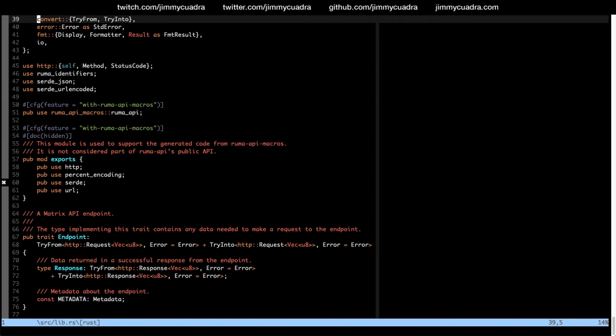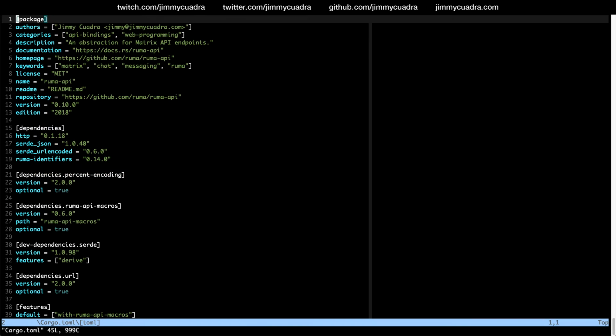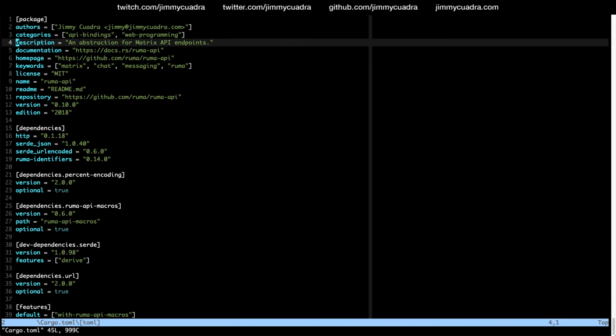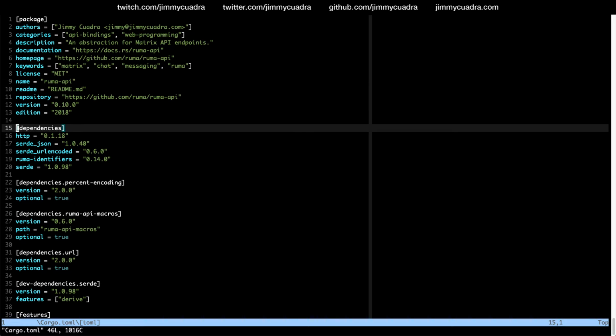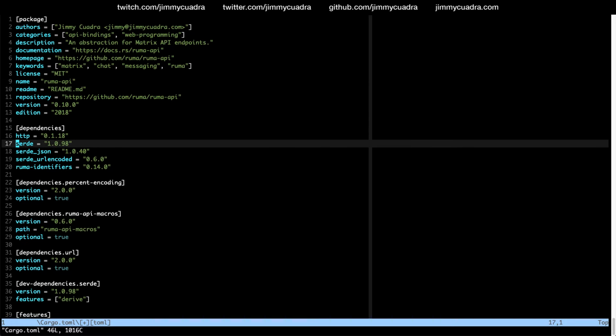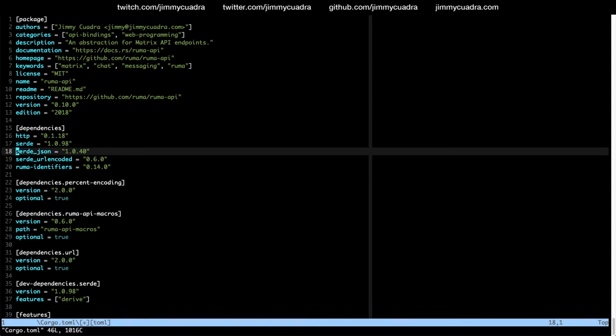So I actually need... Okay, let's do cargo add serde. And it puts that at the bottom. Interesting. And this one I actually want to be optional also, I think. Why is serde_json a dependency?